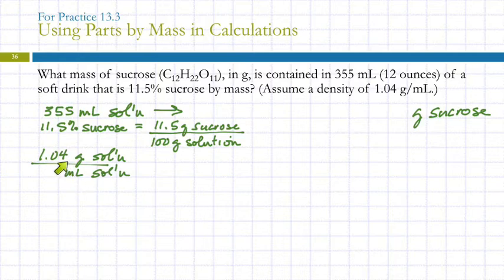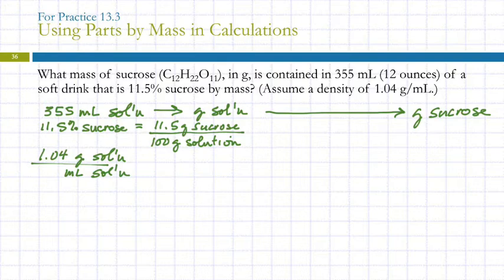Or I've got milliliters of solution, I could go to grams of solution. And what can I do with this? I can get to grams of sucrose. So it ends up being 2 steps. Any questions? If you haven't learned how to put a problem together like this, it's not too late. I'd be happy to help you.